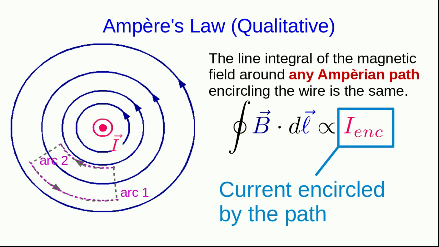And I know that the magnitudes of the integrals along arc 1 and arc 2 must be the same, but notice that for this path, arc 2 is going opposite the direction of the field, and arc 1 is going with the direction of the field. And so those two integrals are going to cancel out. One is just the negative of the other. And so again, this integral is proportional to the encircled current, but now the encircled current is 0.